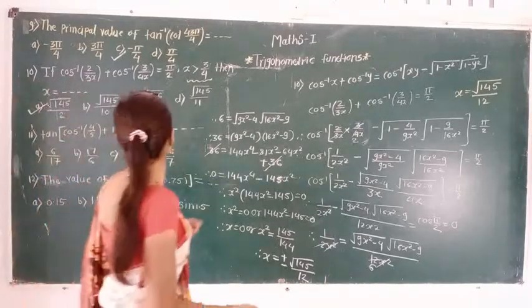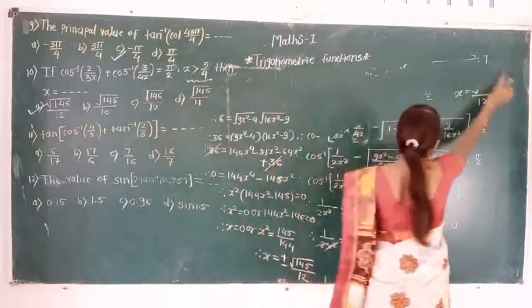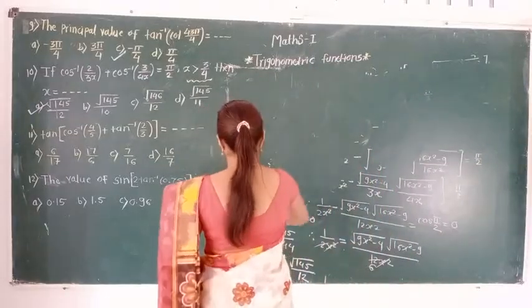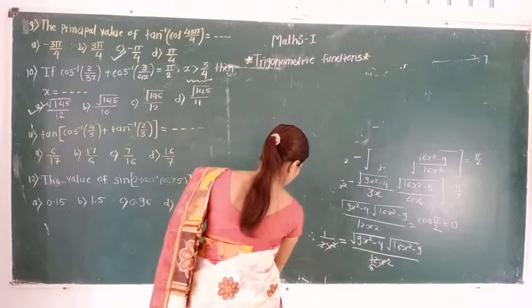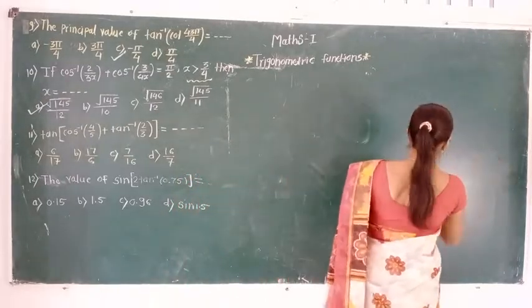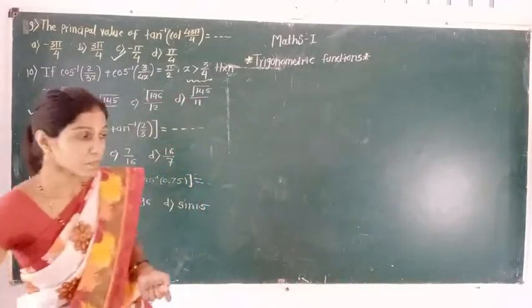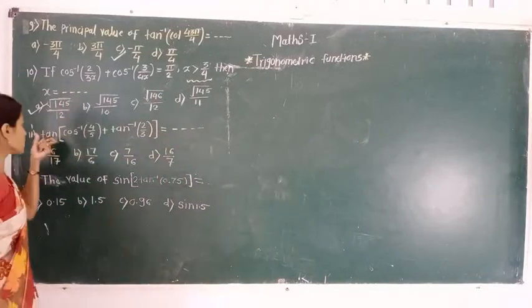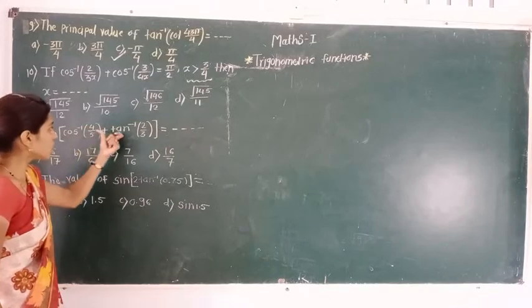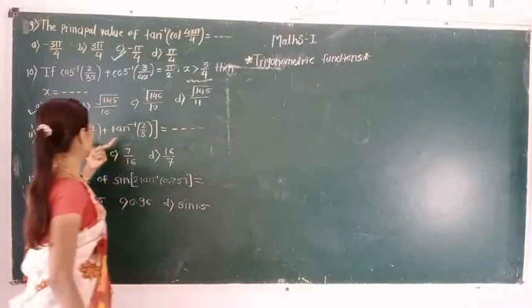Now see the next question is tan of, in bracket, cos inverse 4 by 5 plus tan inverse 2 by 3 is equal to, find out the value of this result.